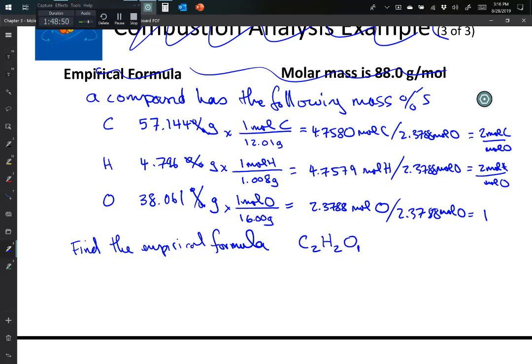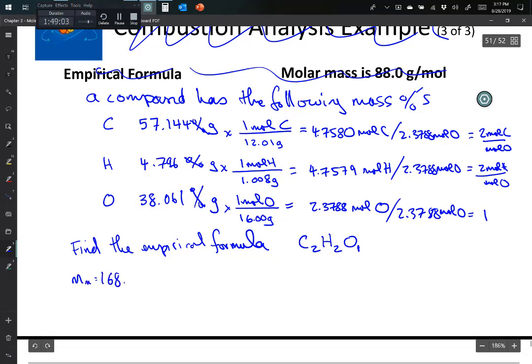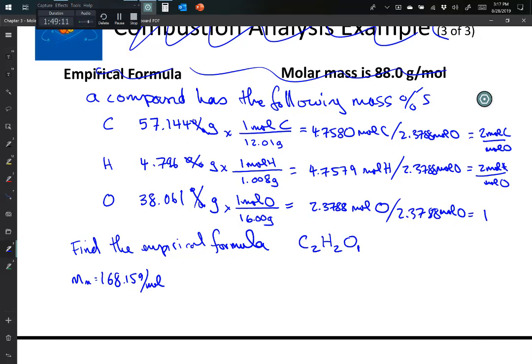And if you want to, you can do this on your own. The molar mass is 168.15. You take that number divided here, so you can get the molecular formula from that.